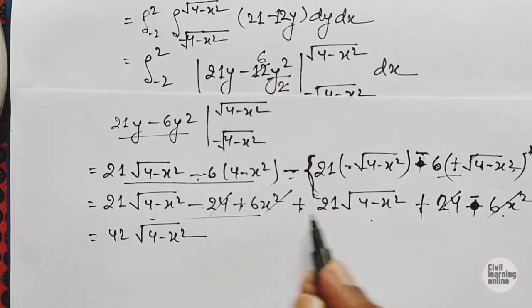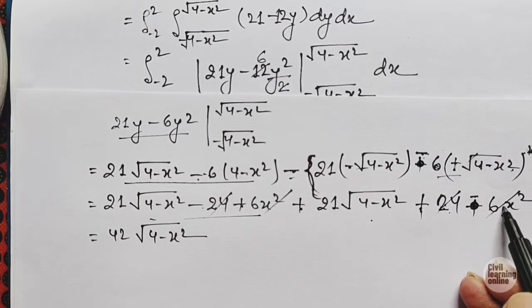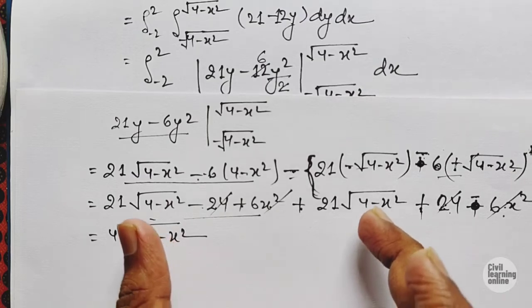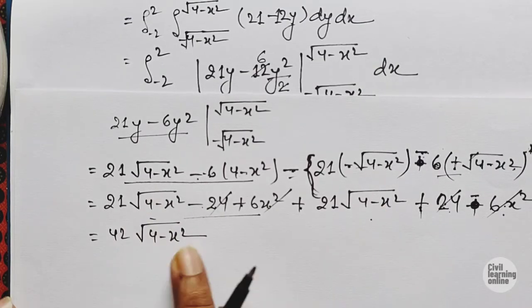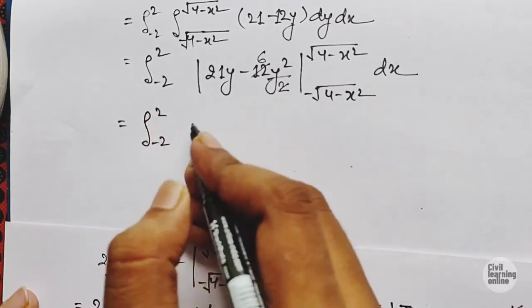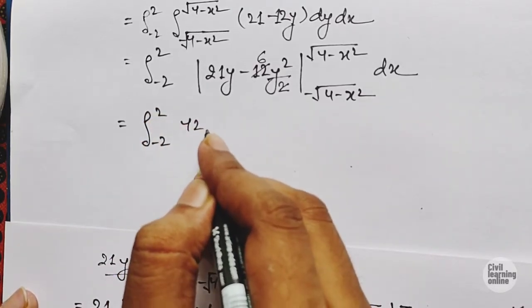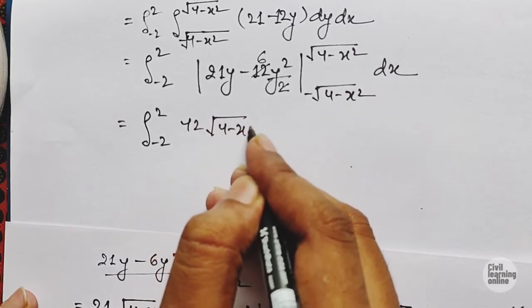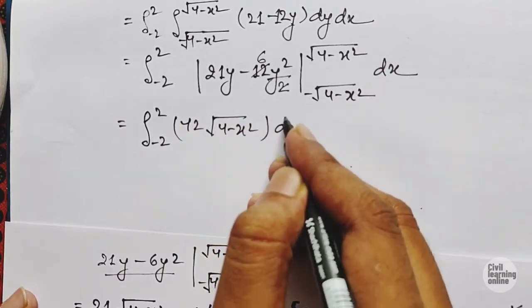And now this 24 and this 24 get cancelled, this 6x square gets cancelled, and on adding these two we will get 42 times root of 4 minus x square, so we can rewrite it as integration from minus 2 to 2 of 42 times root under 4 minus x square with respect to x.